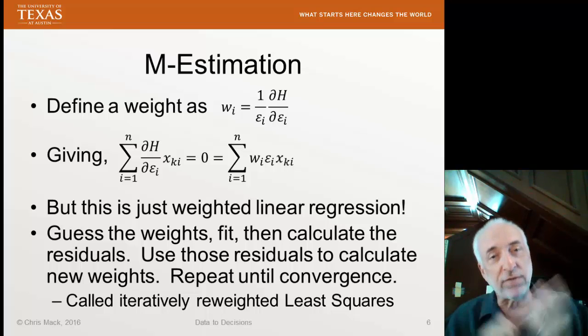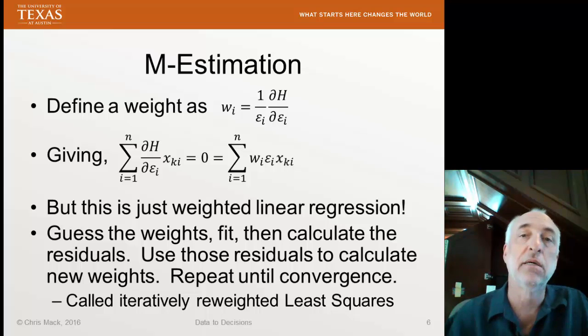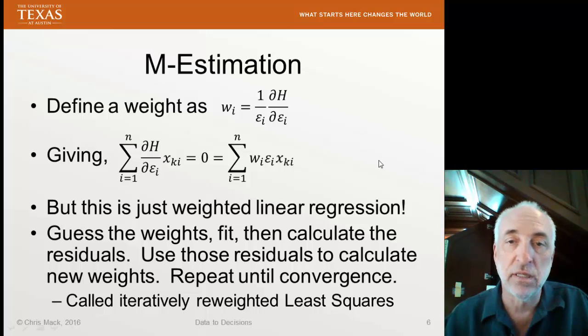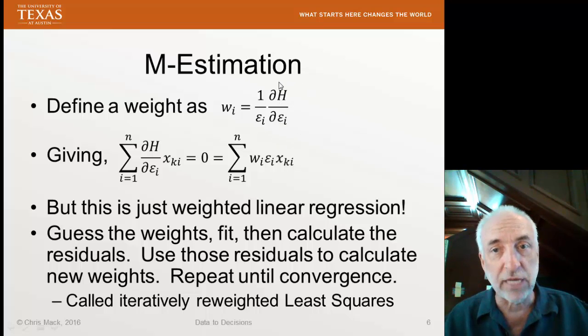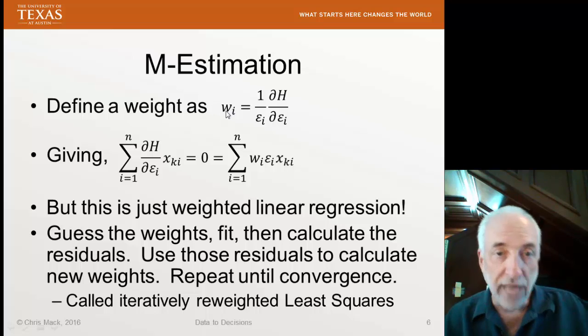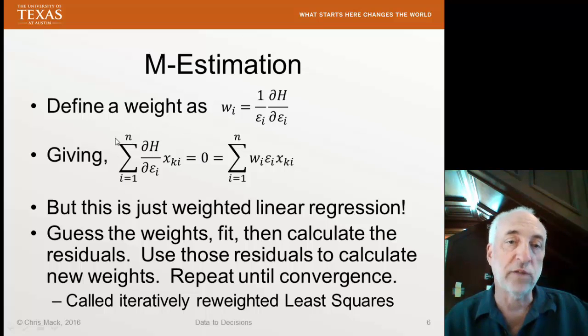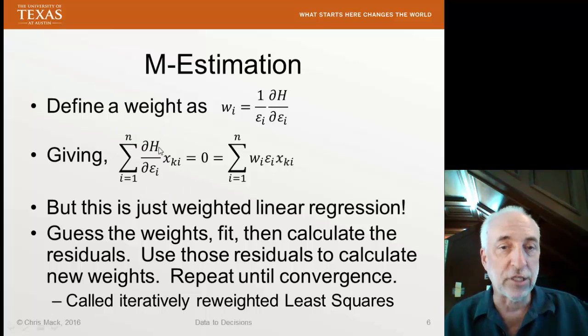So let's do something interesting. Let's define a weight as being 1 over the residual times the derivative of this function h with respect to the residual. Well, given this formulation, I can solve for this derivative, dh d residual, as simply being the residual times the weight. Right? So now my least squares minimization is equivalent to dh d residual times the derivative of the residual with respect to the kth parameter, set equal to 0 after summing, but dh d residual is residual times this weight, and so it looks like this.